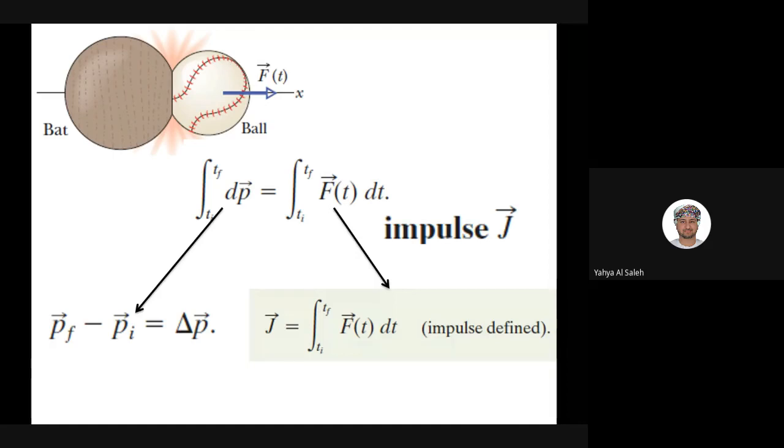Impulse, letter J, we define it as the integral of F(t) dt. Okay, you have a force, but for how long is this force? Okay, for how long is this force? So write this down and I'll explain it.